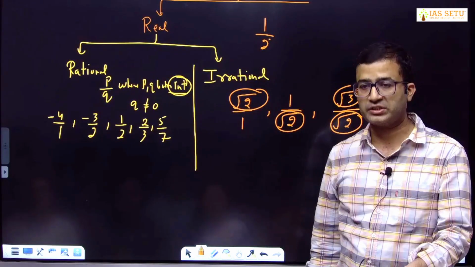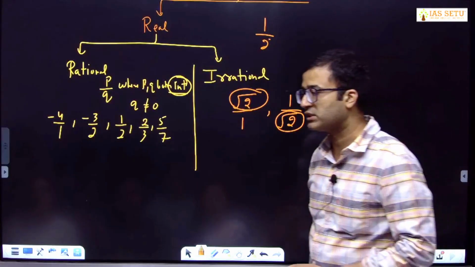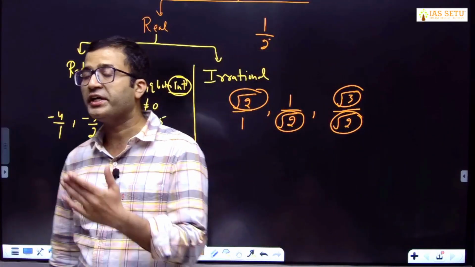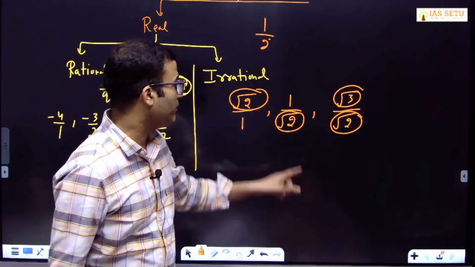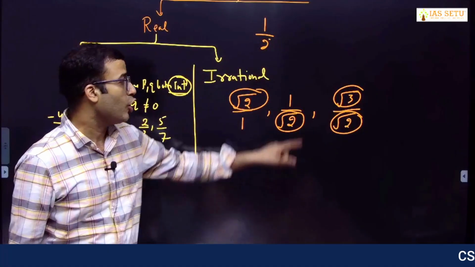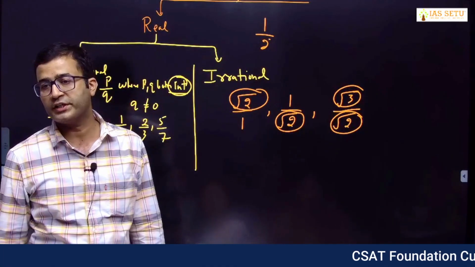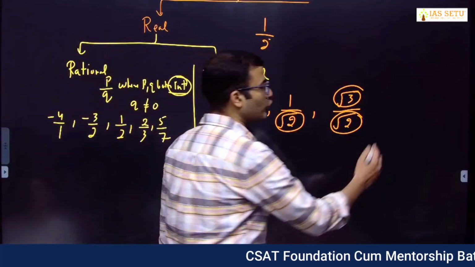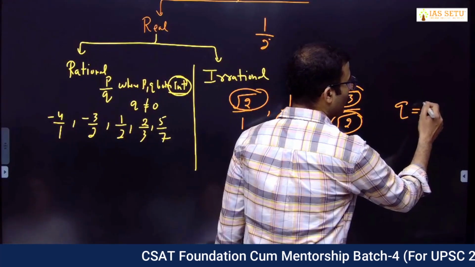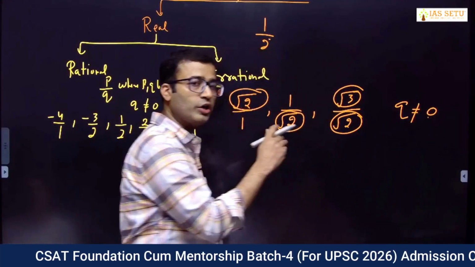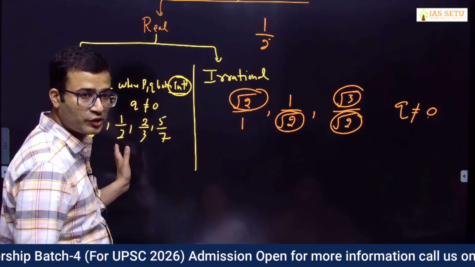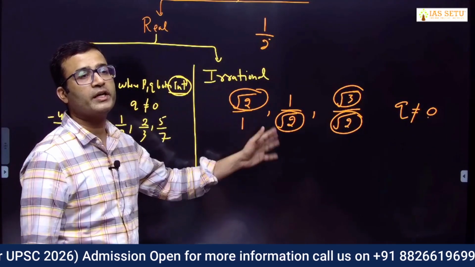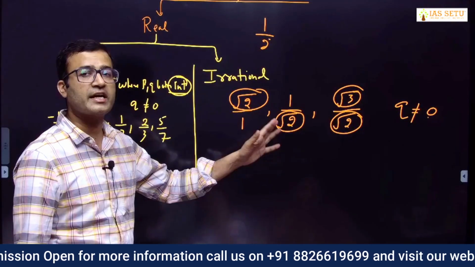Which are not rational. The simple definition of irrational is which are not rational. But your denominator cannot be 0, because the moment your denominator is 0, it becomes infinity. That is fixed. Denominator cannot be 0 in rational numbers, and denominator cannot be 0 in irrational numbers also.